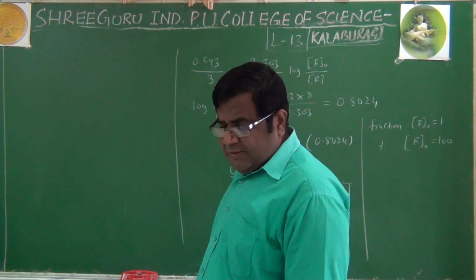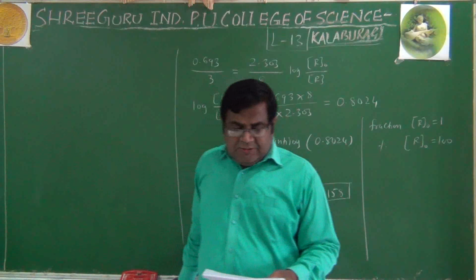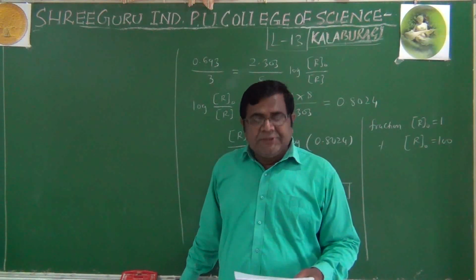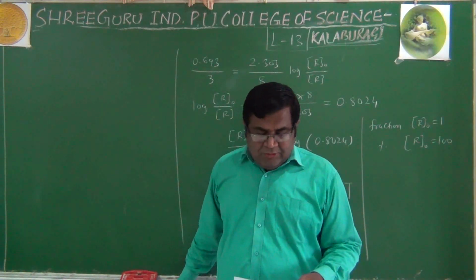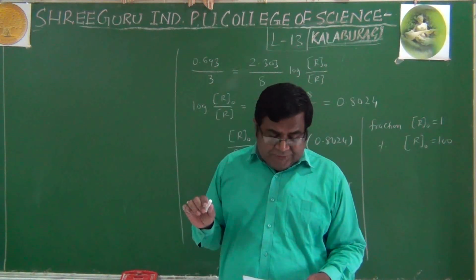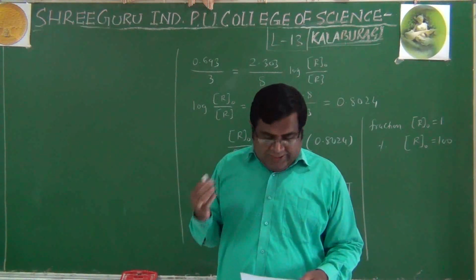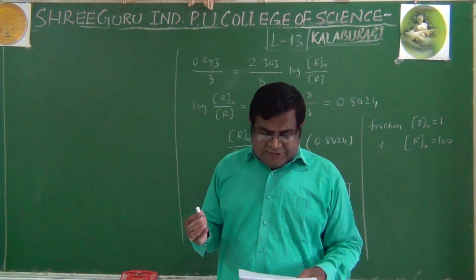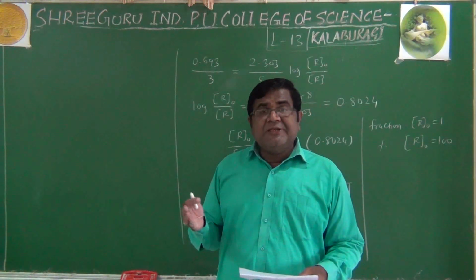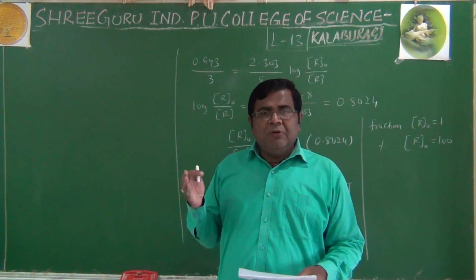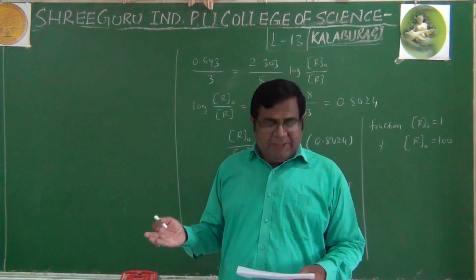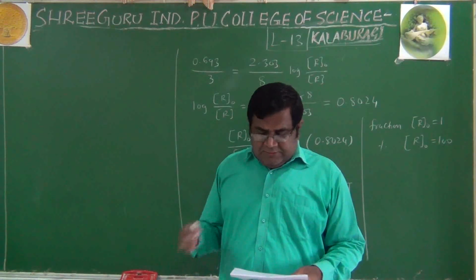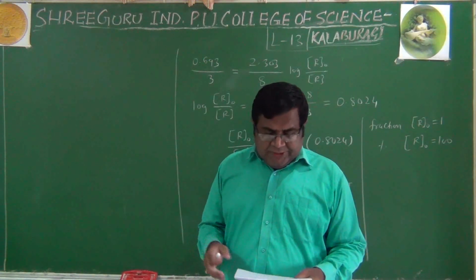The question was: for the first order reaction, show that the time required for 99% completion is twice, means 2 times, the time required for completion of 90% reaction. It means T 99% equals 2 times T 90%. That is the kind of equation we should get.